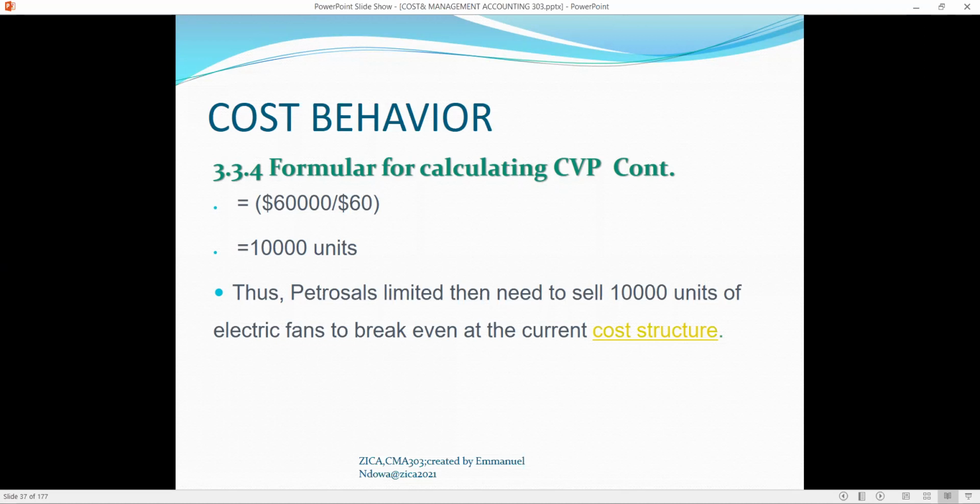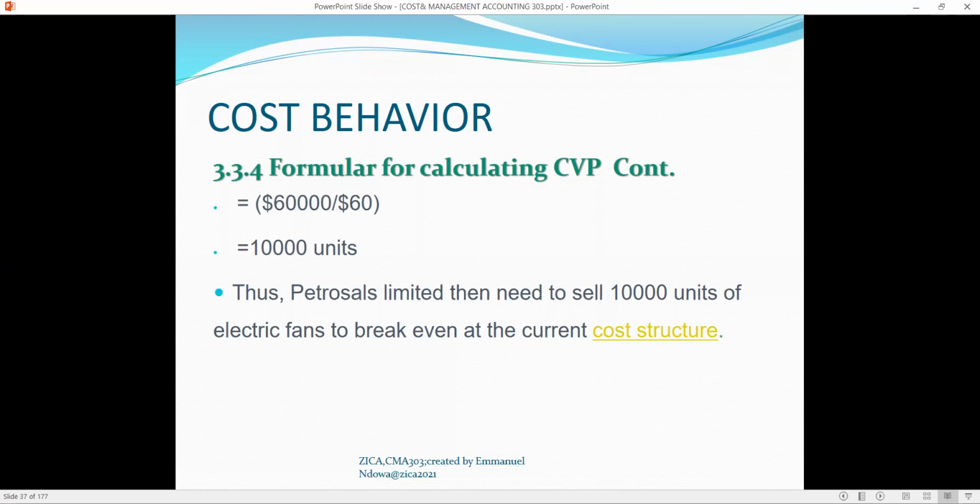They need to sell 10,000 units of electric fans to break even at the current cost structure. So at 10,000 units now, they are not making profits, they are not making losses. So these are the units that they need to make in order to break even.